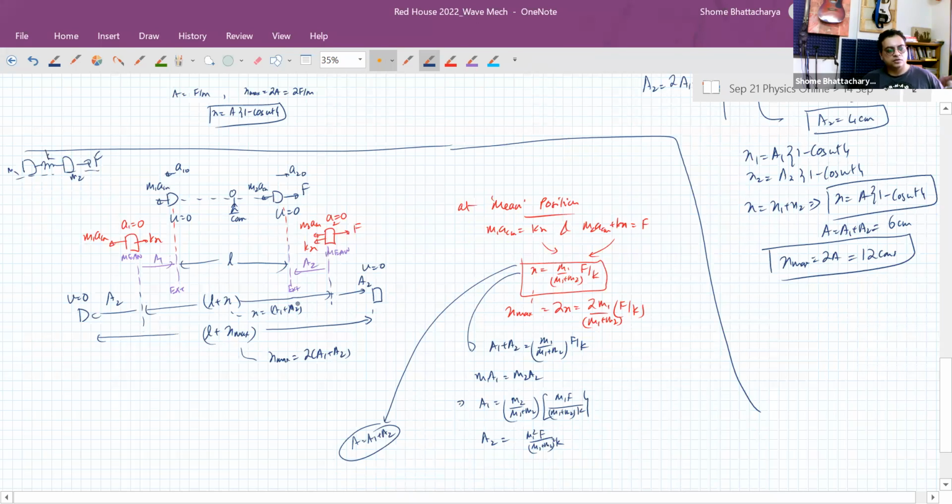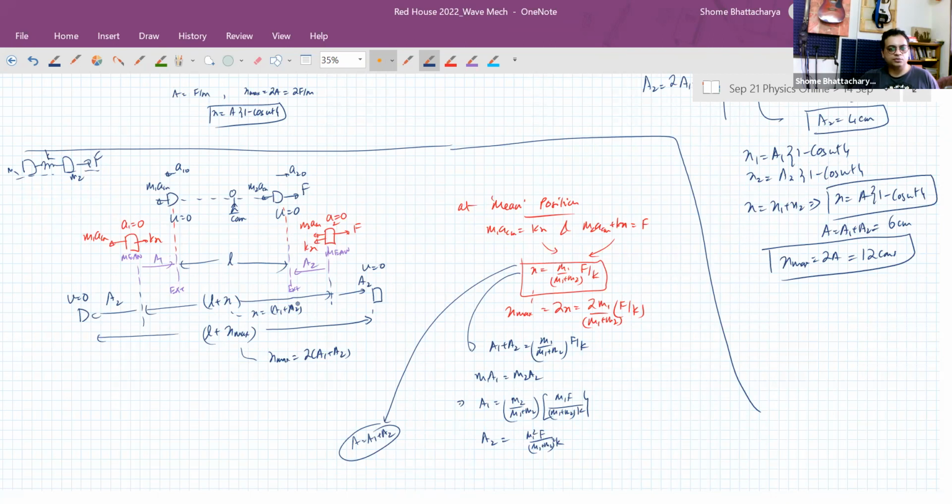So this example is a bit of advanced work with simple harmonic motion, but also incorporating a lot of ideas from center of mass.